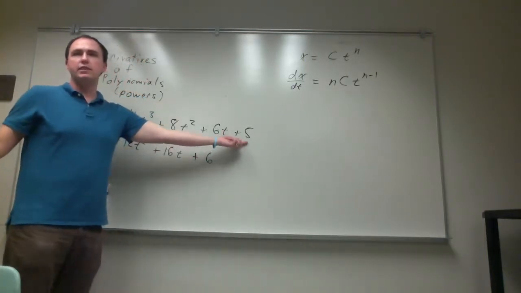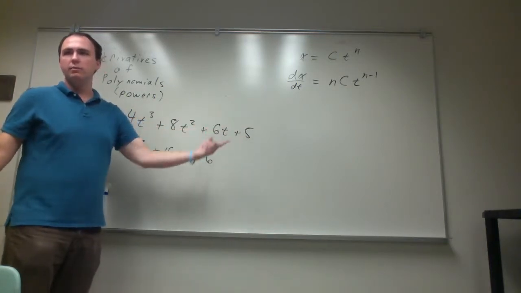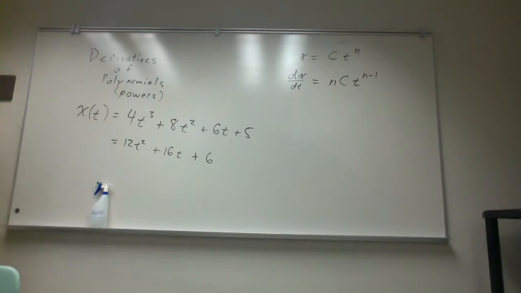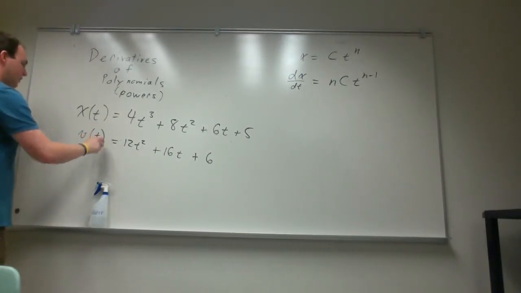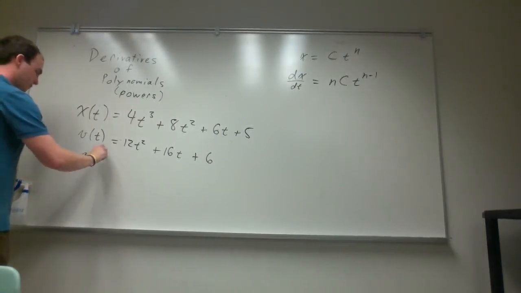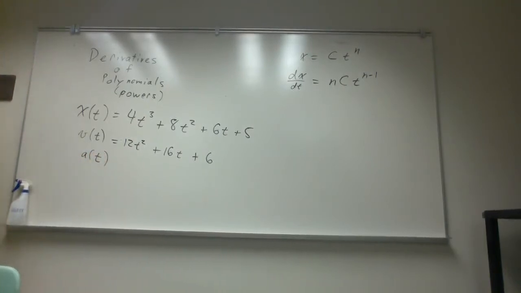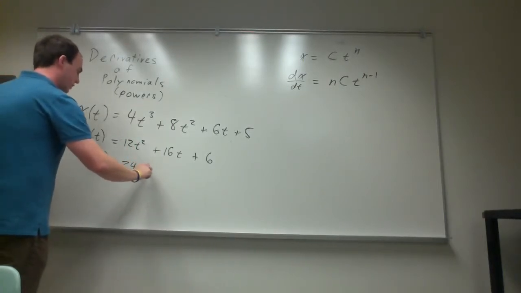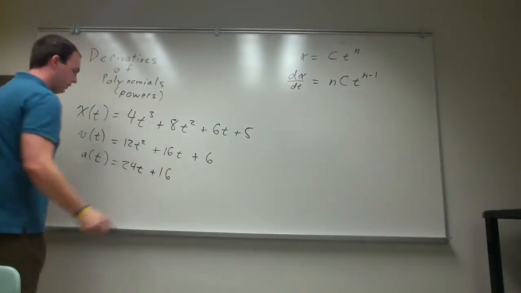And then constant has no dependence on time, so it just goes away. So this would be v of t, if that's a position. And then we could calculate the acceleration, this gives us 24t plus 16.